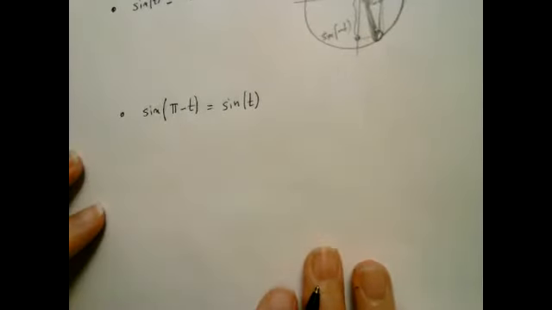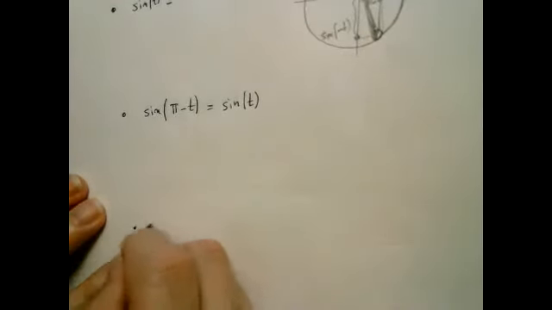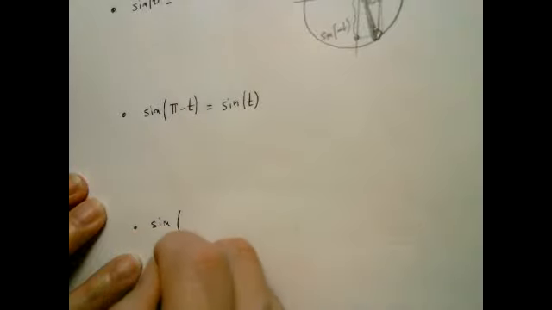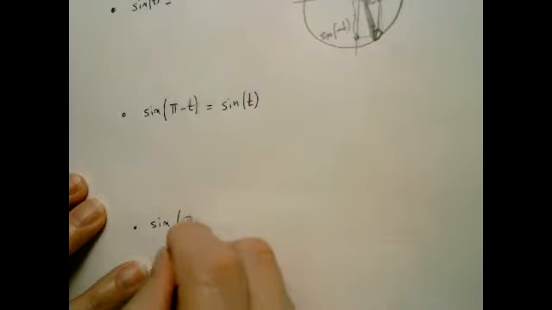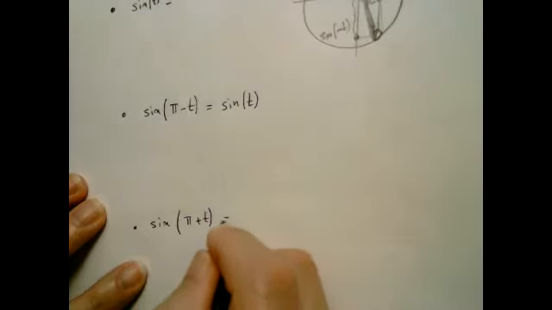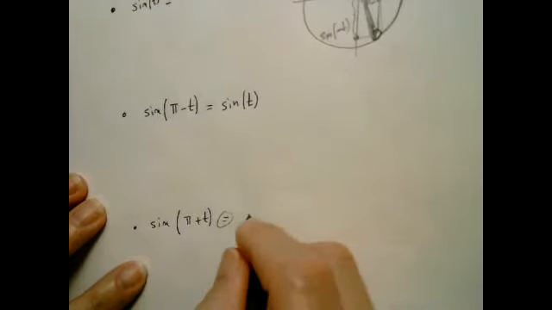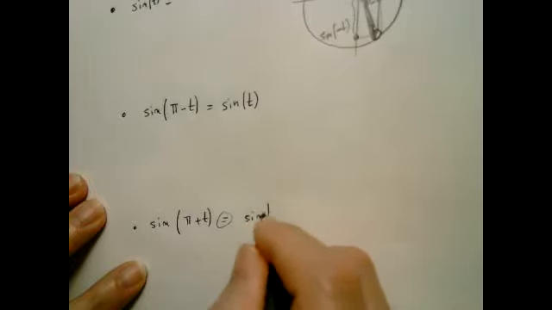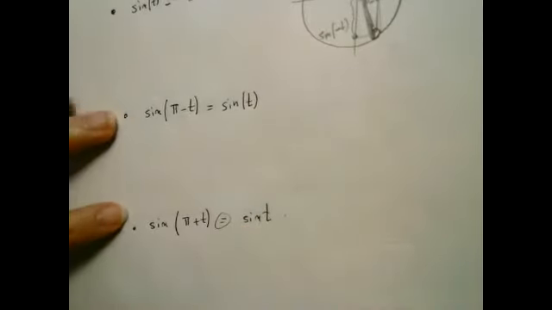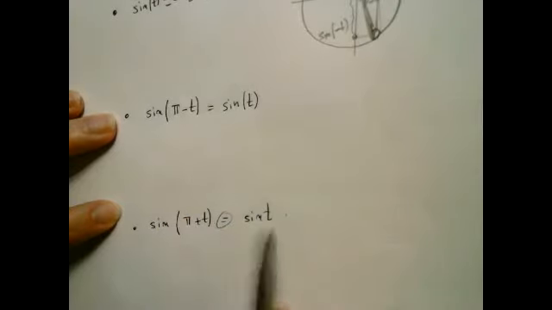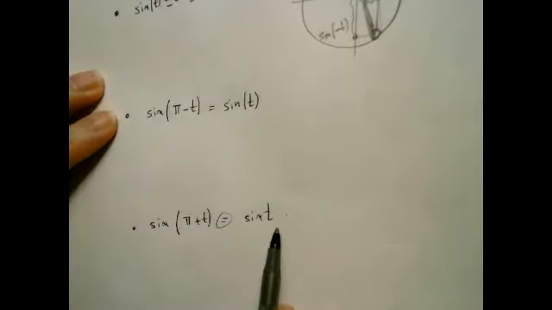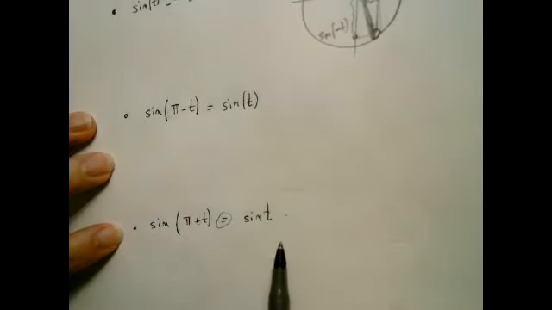And then the last one I will give you is the sine of pi plus t, and it's not necessarily equal. You have to tell me what's happening here, and the sine of t. I'll give you a minute to give me the answer to both of them. Are they equal or opposite? The first and then the second. Draw a small picture so you can visualize the whole thing.